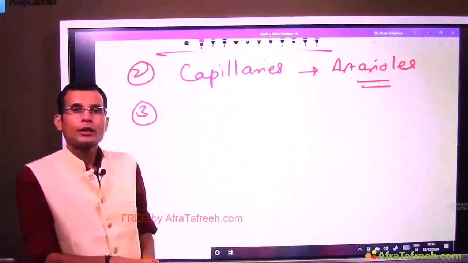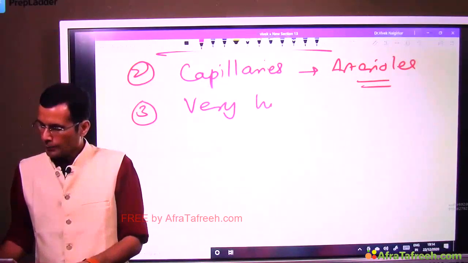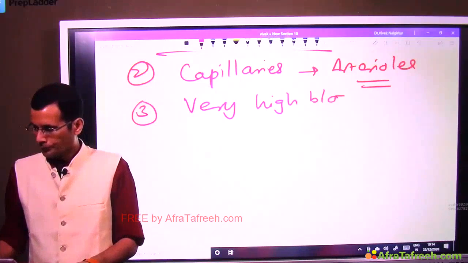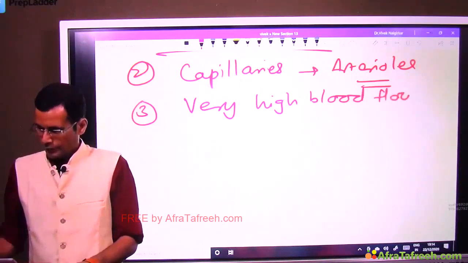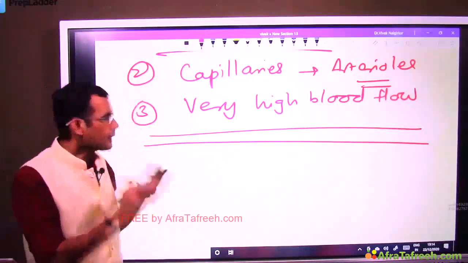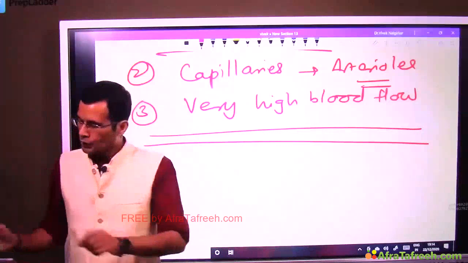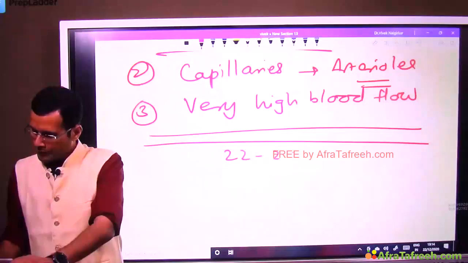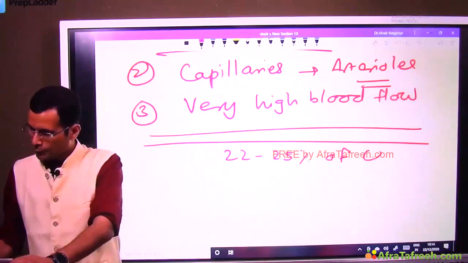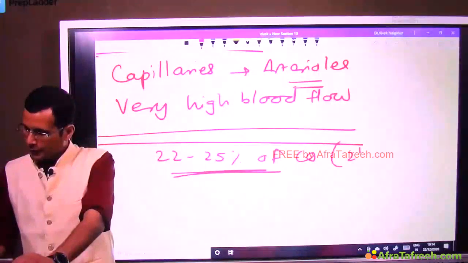Okay, next, very high blood flow. That again is a very peculiar feature. Kidneys have an exceptional amount of blood flow. It's about 22 to 25% of the cardiac output. So that will be second best.